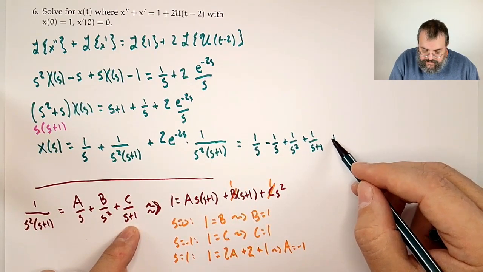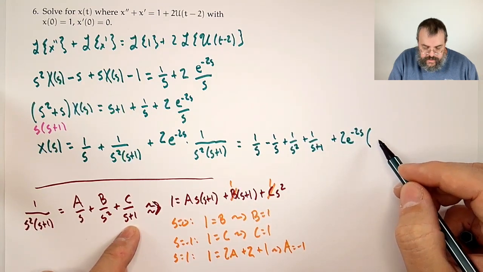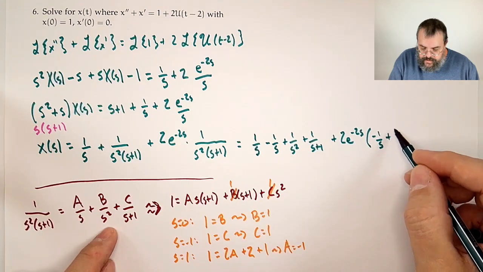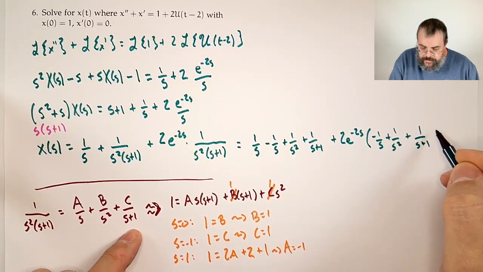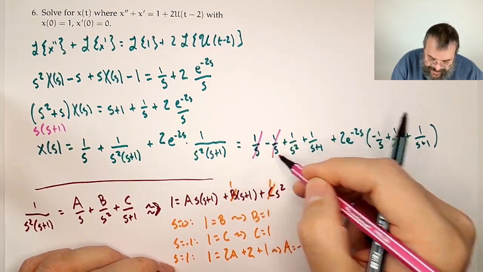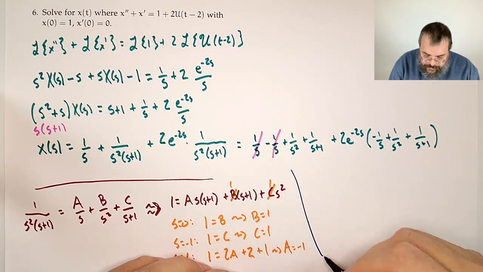And then we're going to have plus 2 e to the minus 2s. And then we just copy it again: minus 1 over s plus 1 over s squared plus 1 over s plus 1. And we're in luck. We get some cancellations. And now we're ready to actually write down our answer, essentially. I don't think there's much else that we need to do till we get to that point.